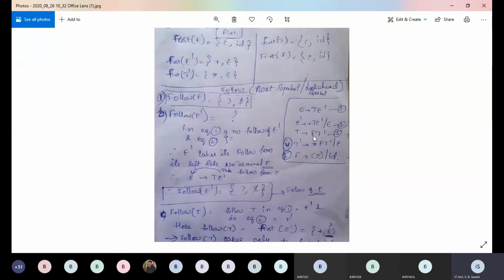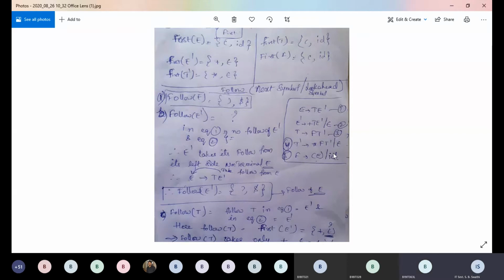Only consider the first symbol. It is again a non-terminal, not a terminal, so go for the F production. Where is the F production? Here. In the F production, we have 2 production values. One is brackets with one non-terminal E within them, and we have one more production, ID. Now what is ID, whether it is a terminal or non-terminal?